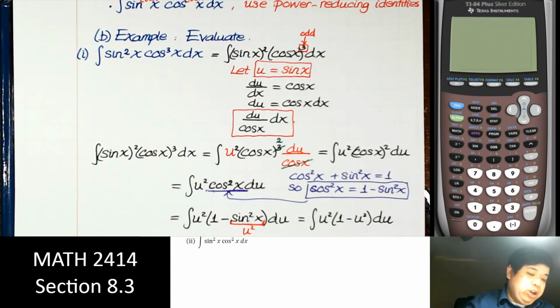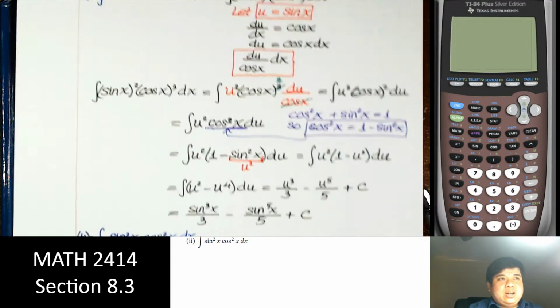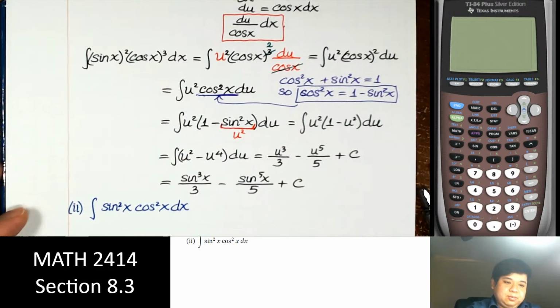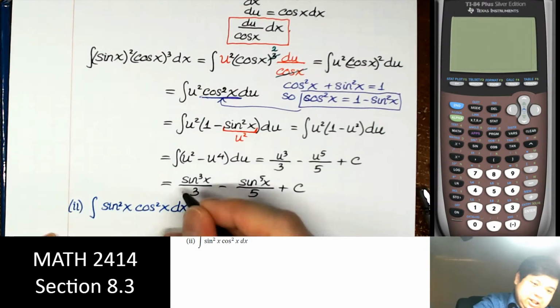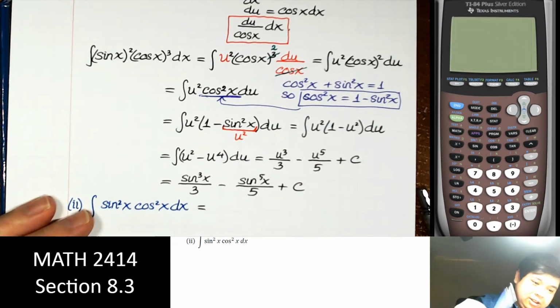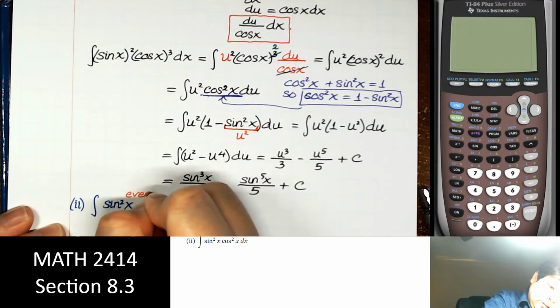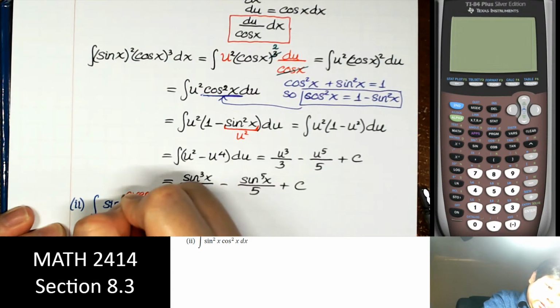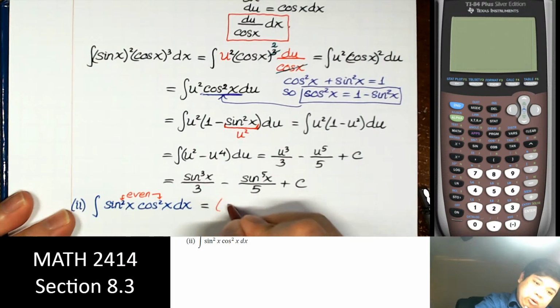Have to use the power reducing. Right. One way to do it like that, or we can just use power reducing then, because both of them are even. So we have to use power reducing.